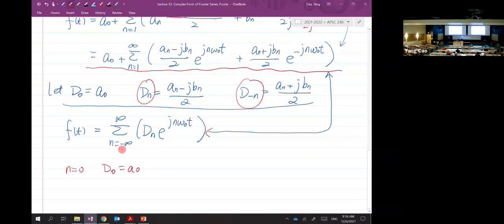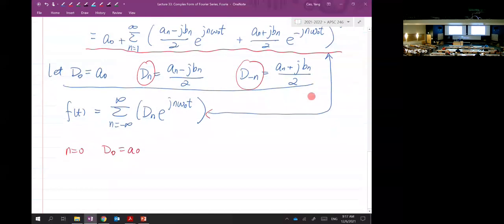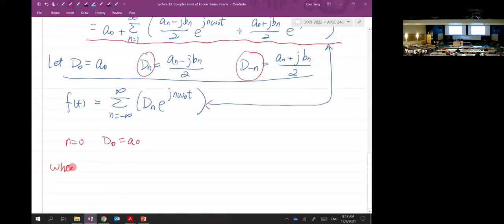We let n start from negative infinity, and the exponential term can be simplified into one, because when n is negative, the negative n naturally shows up over here. Does that make sense? So when n is negative, you need a negative here.